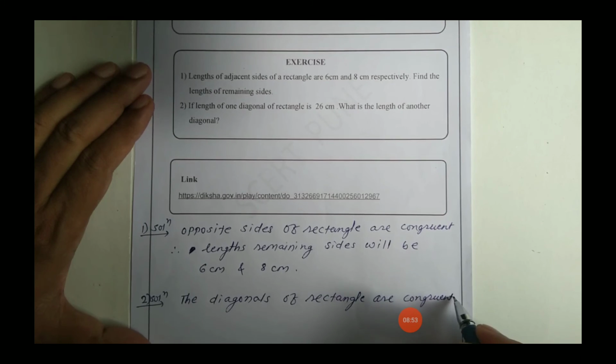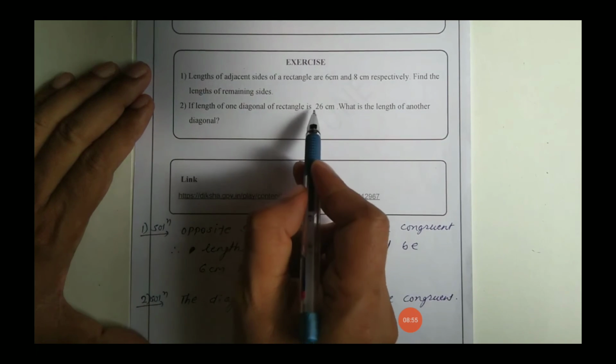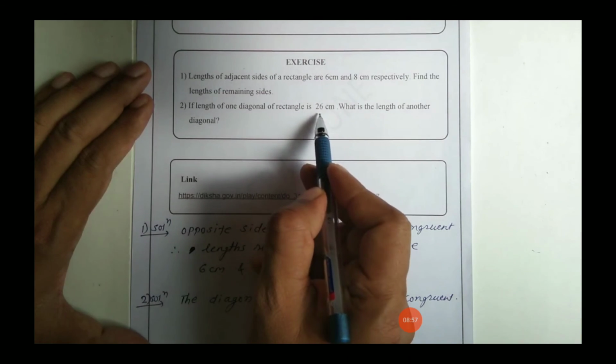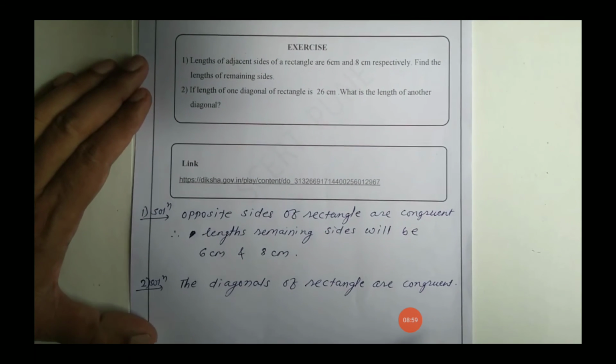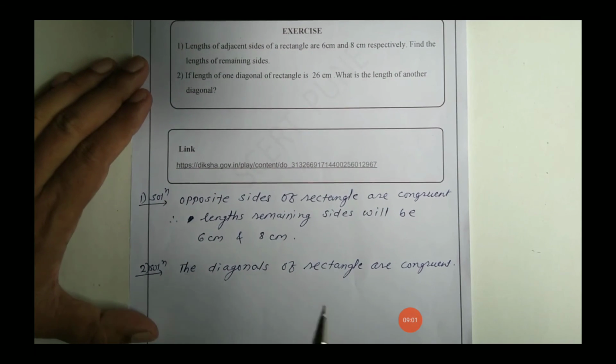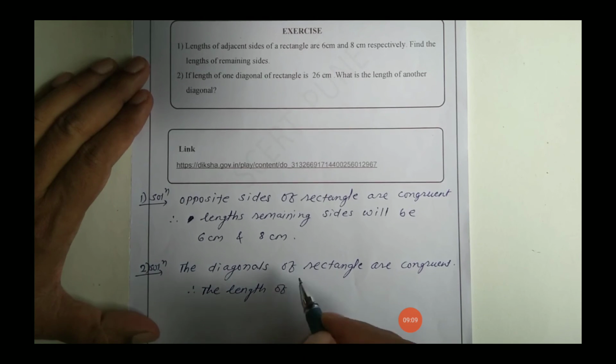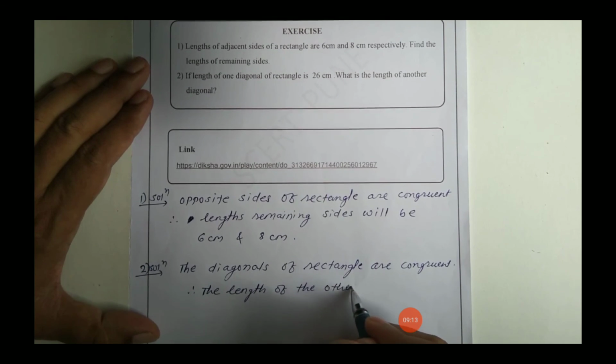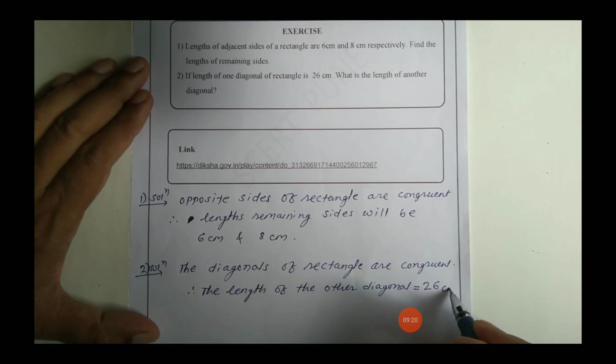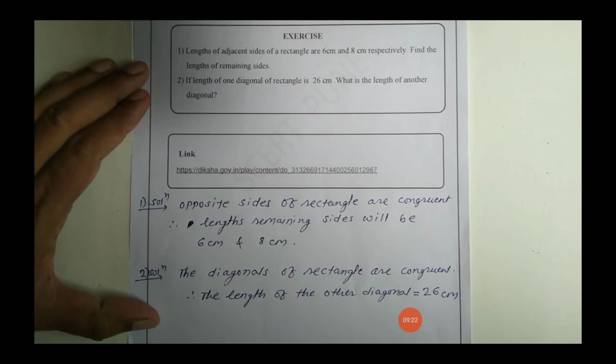Okay, therefore एका diagonal ची value आहे 26, so other diagonal will be also yes, therefore the length of the other diagonal is equal to 26 centimeter.